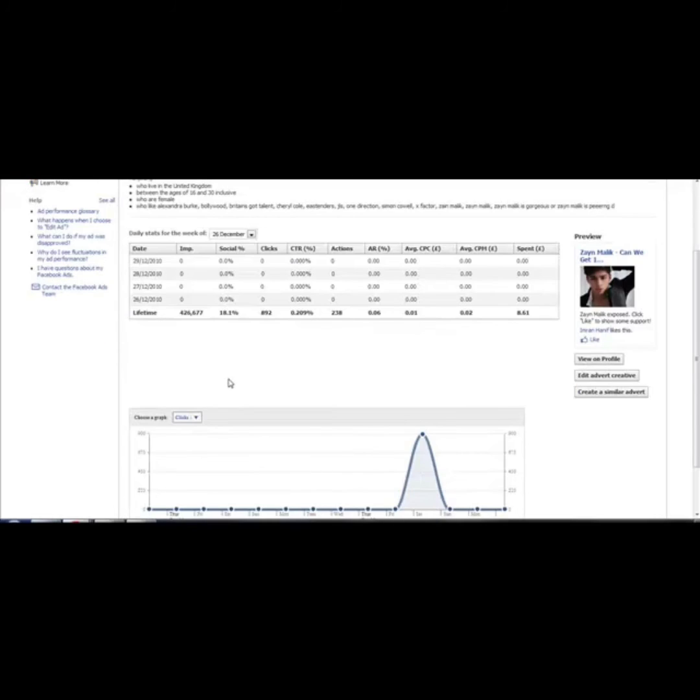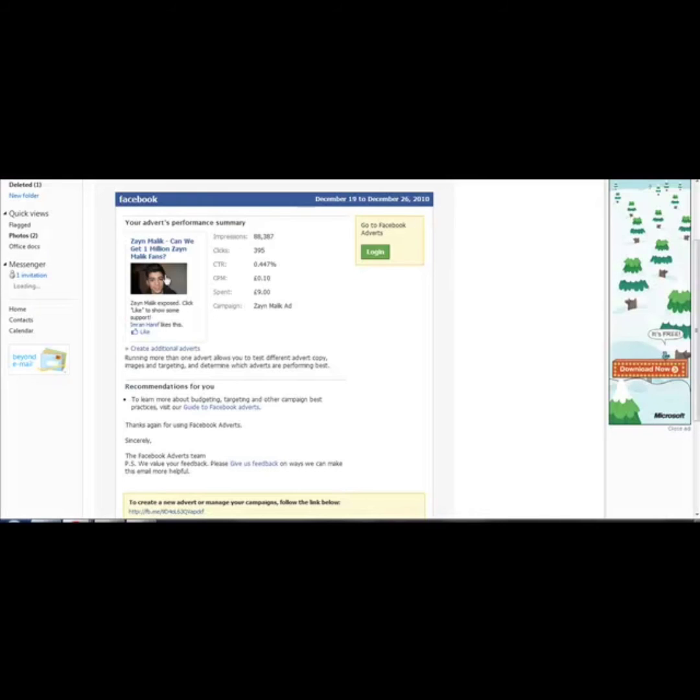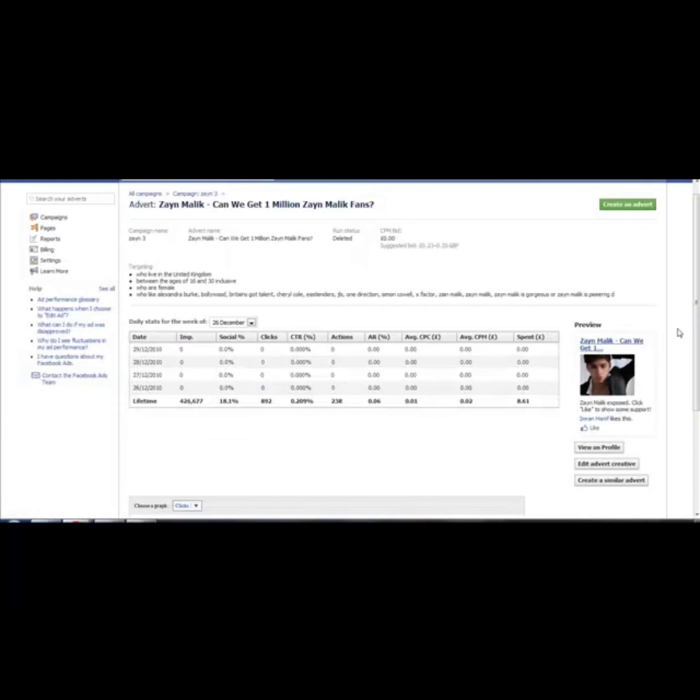Well, this shows us that images make a difference. If you see this image here, this didn't receive that much response, but this image here resulted in 892 clicks, again with a budget of £8.61, and that's pretty crazy.